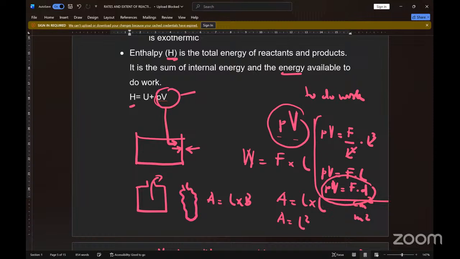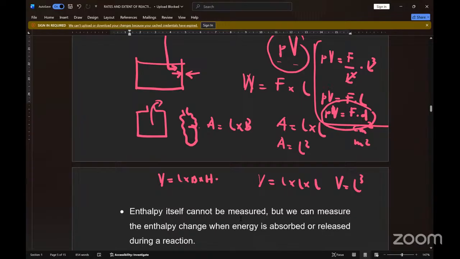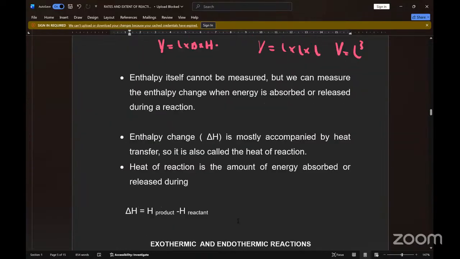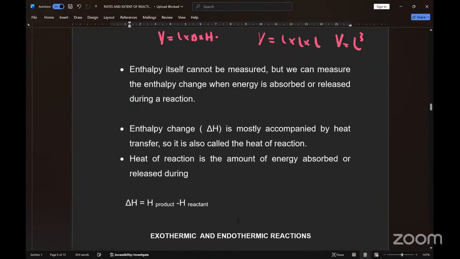Okay, because there's no air to push against that. So when we talk about the energy available to do work, that is this one. It means that there's some energy in the thing that is pushing the wall in this direction so that it counteracts the effect of what we call atmospheric pressure. So you might perhaps be interested in this, but it's not really necessary. It's just for entertainment purposes, just to enrich the lesson.